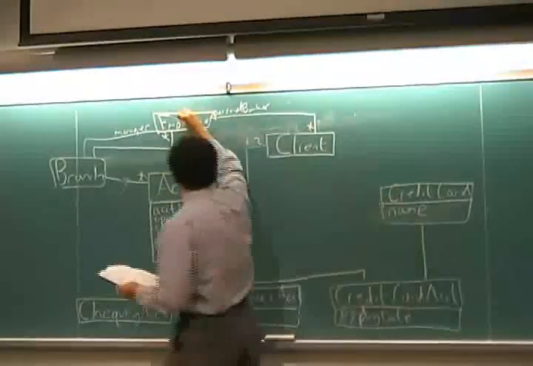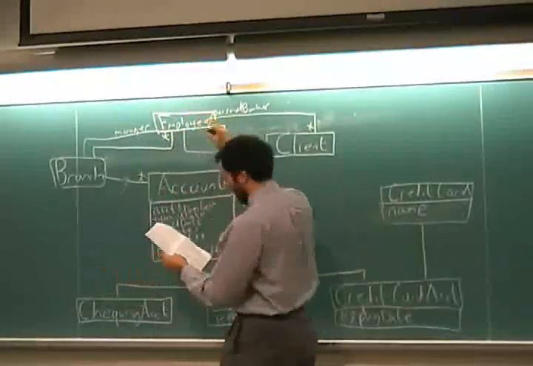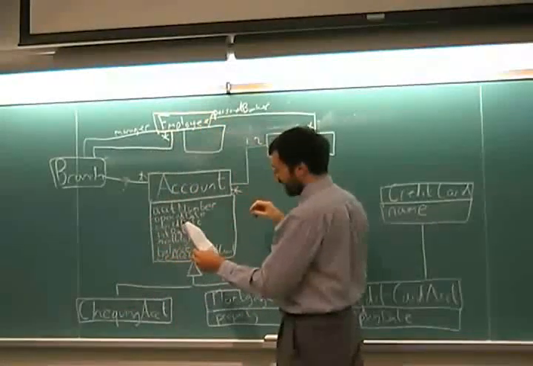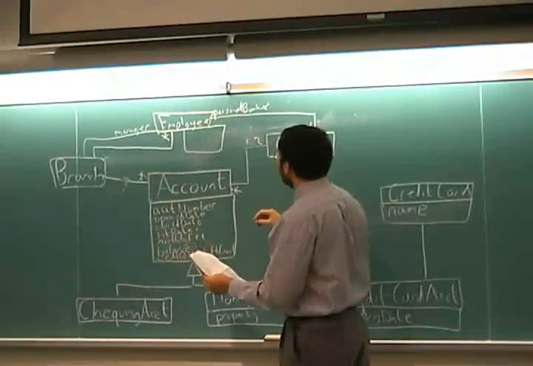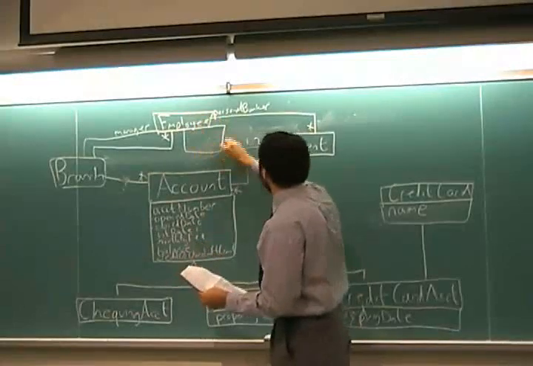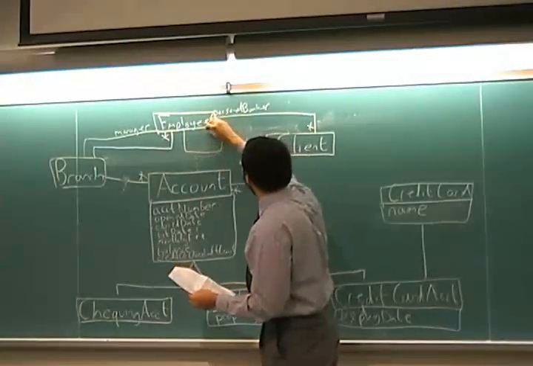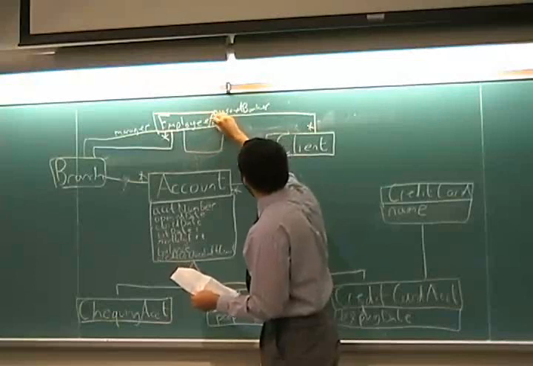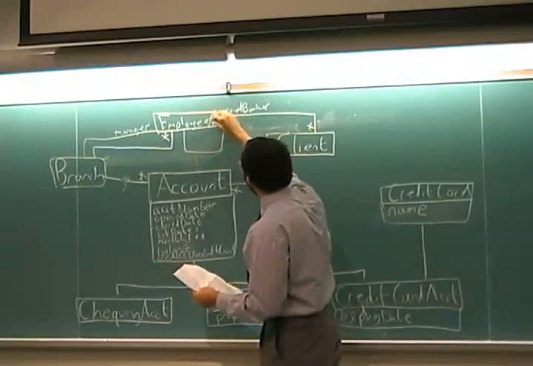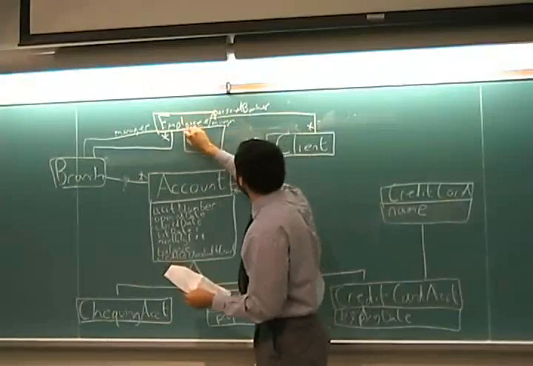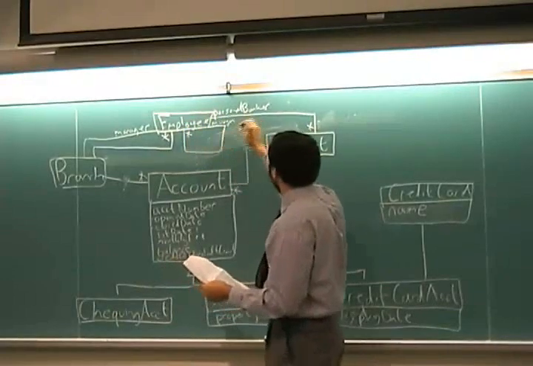So another way I could do that would be this. I could have a relationship that says works for another employee. An employee works for one manager, and a manager has several employees that work for her or him.